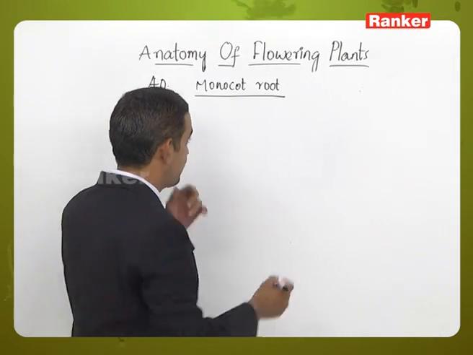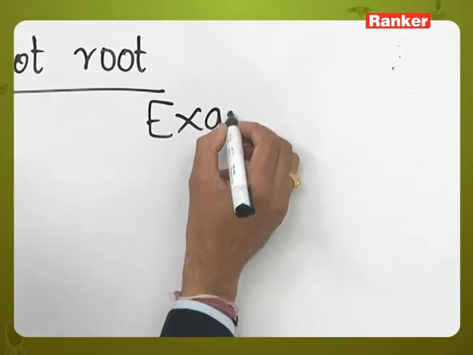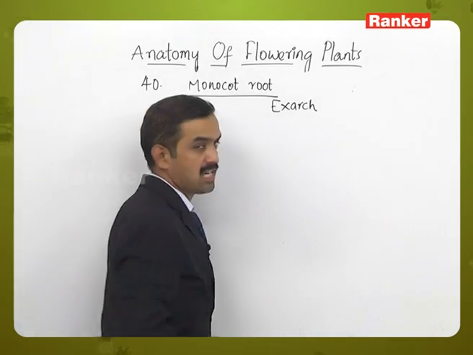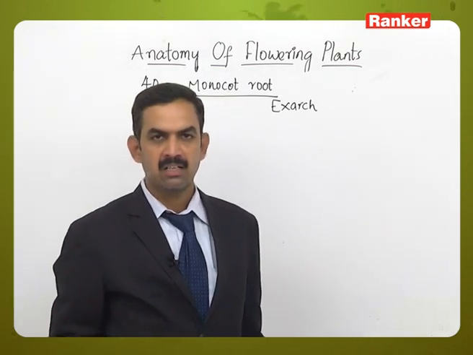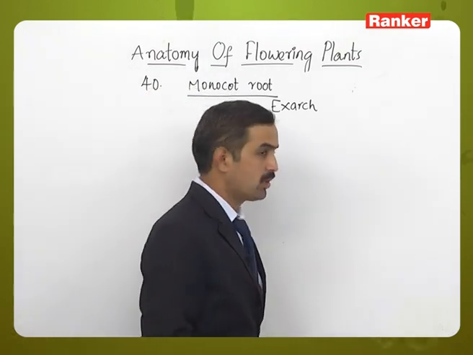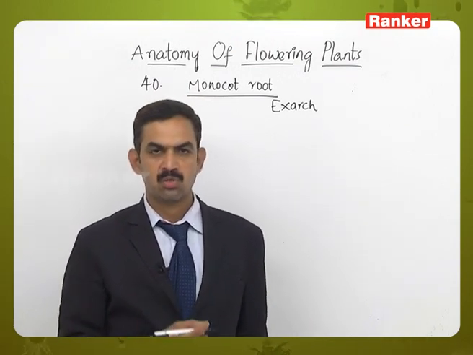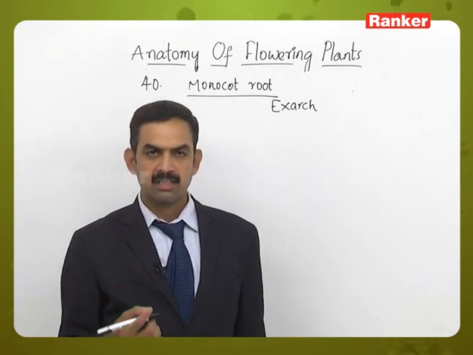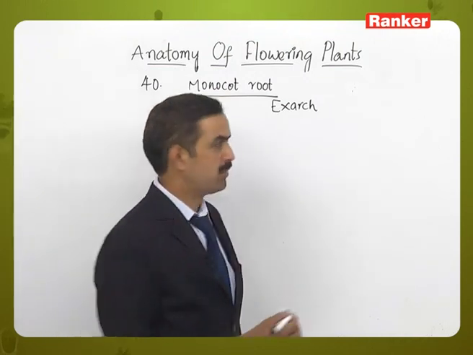Here, if you observe the characterization, all roots will exhibit the exarch condition of the xylem, and of course the stems will show the endarch condition. The differentiation is because of the arrangement of the protoxylem tissue.